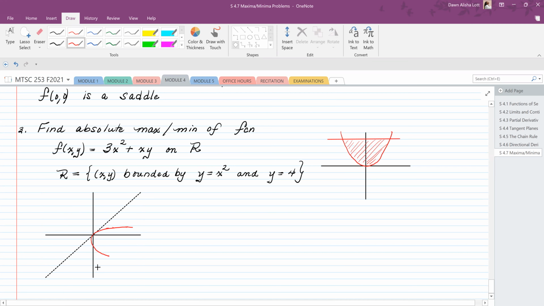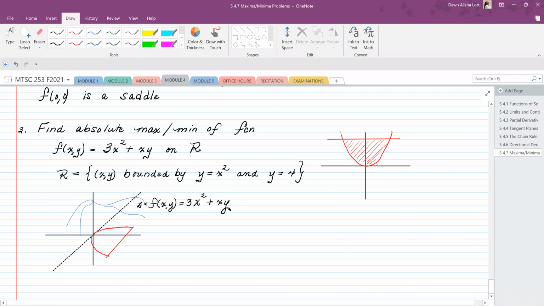This is my region on the ground. And then there's some function floating over top that I'm trying to maximize. So this is f of x, y floating over top, z, which is 3x squared plus xy.